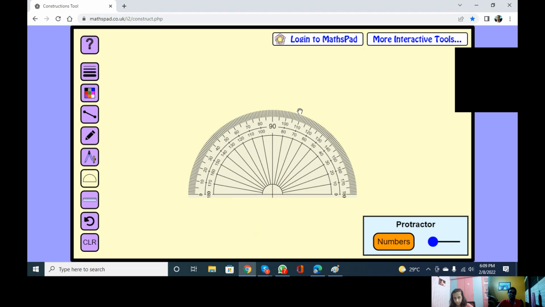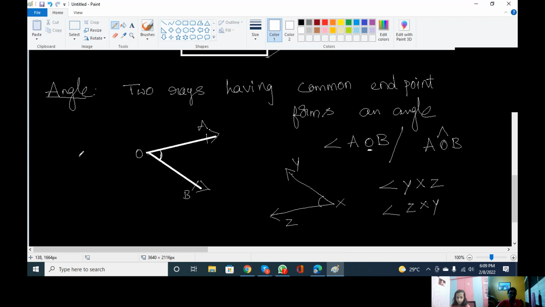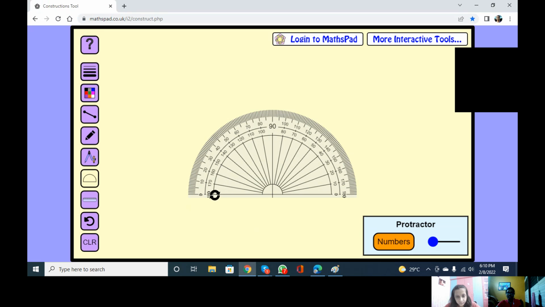So a total circle: from one point you started and come back to the same point. I have started drawing here and came back to the same position, so we can make a circle. This total circle contains 360 degrees. So now we can measure each and every angle with the protractor. This is the instrument to measure each and every angle.